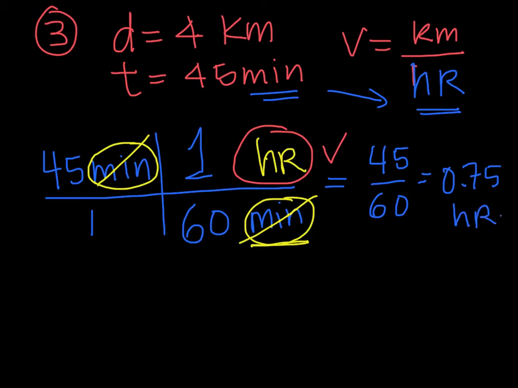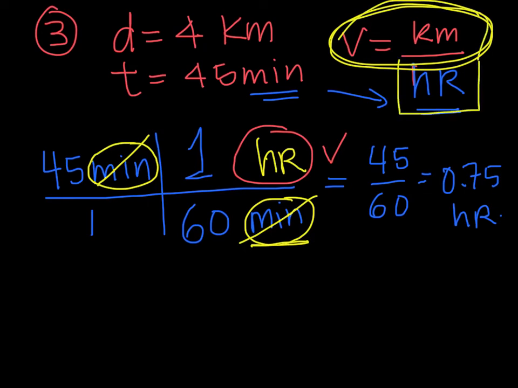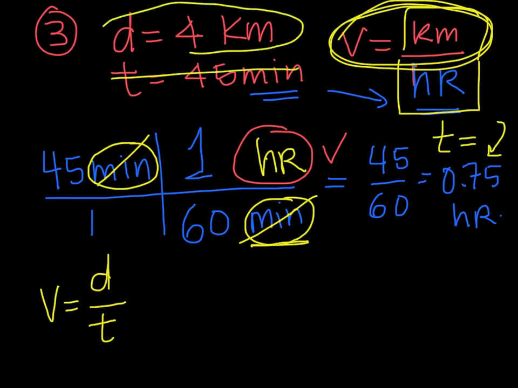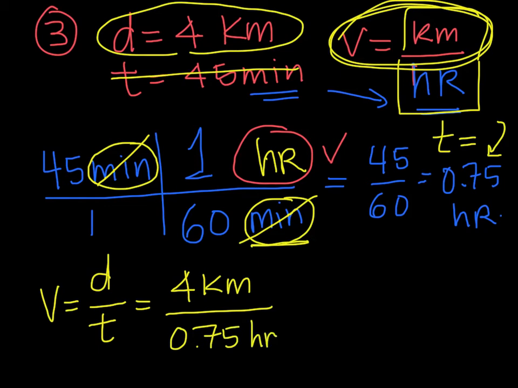All right, so now that we have that, now we can plug it into our real equation for what we're really trying to find. Remember, we're still trying to find velocity, but we need it in kilometers per hour. So we know that velocity equals distance over time, and my new time is right here, 0.75 hours, and my distance is still 4 kilometers divided by 0.75 hours.